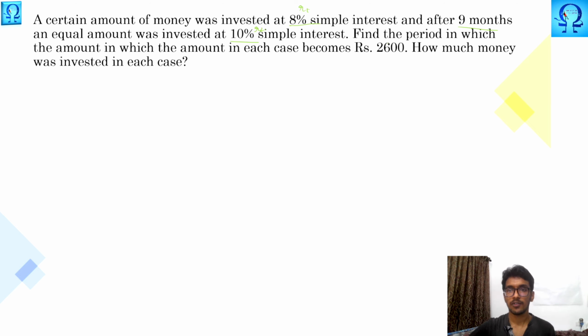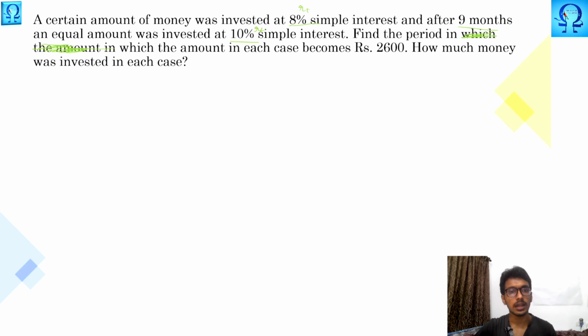Find the period in which the amount in... okay, I think there is a mistake. Let me strike this off. Find the period in which the amount in each case becomes rupees 2600.